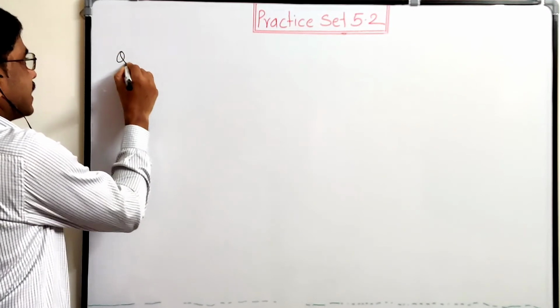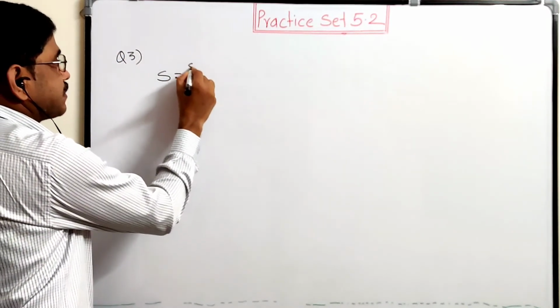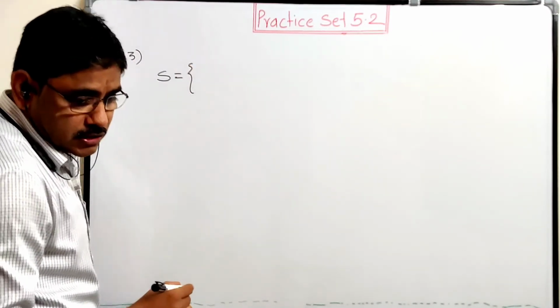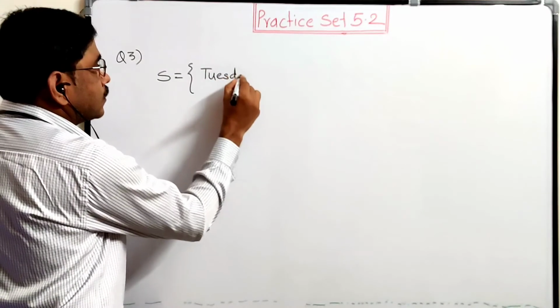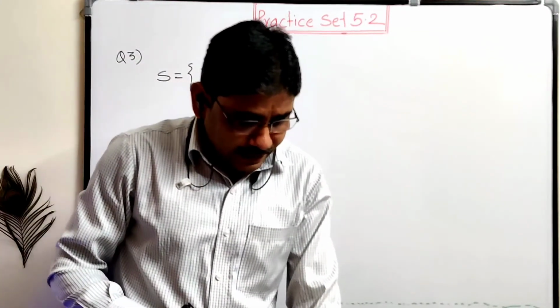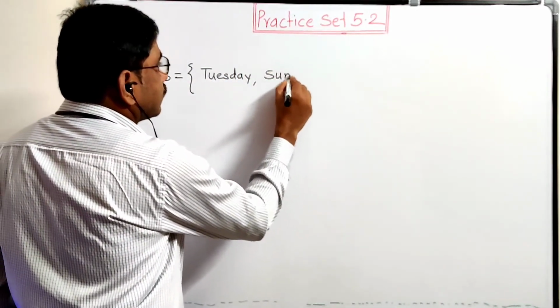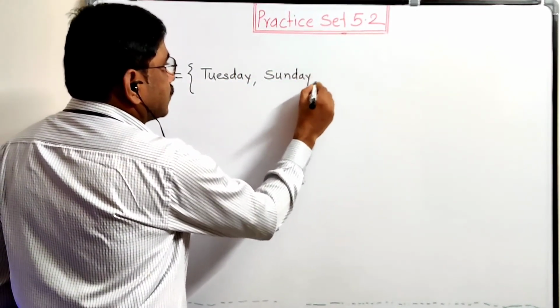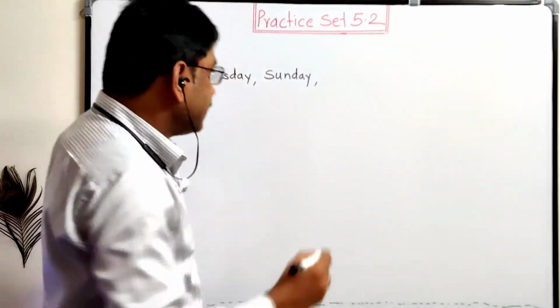So for question number 3, we can write the sample space of the random experiment. First one is Tuesday, then 5 2s are 10, 10 is on Sunday, then 5 3s are 15, 15 is on Friday.